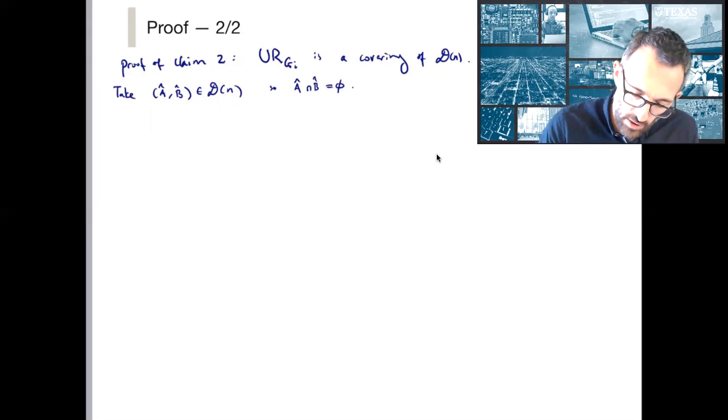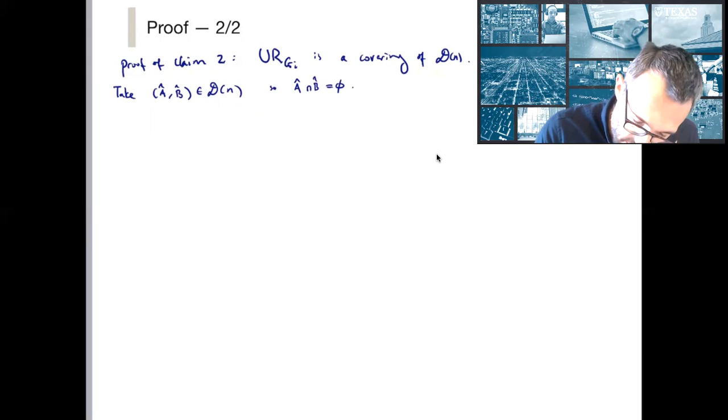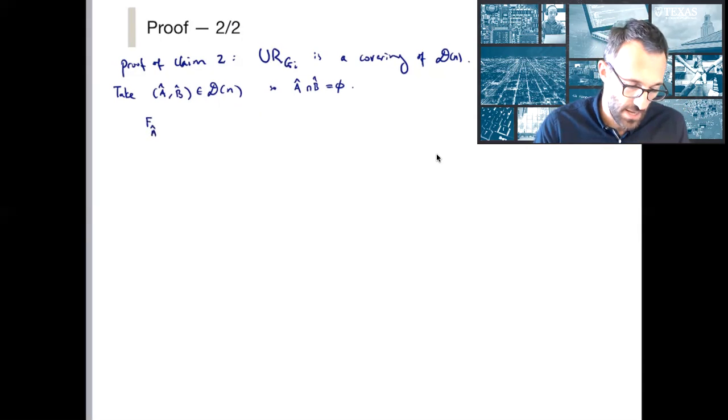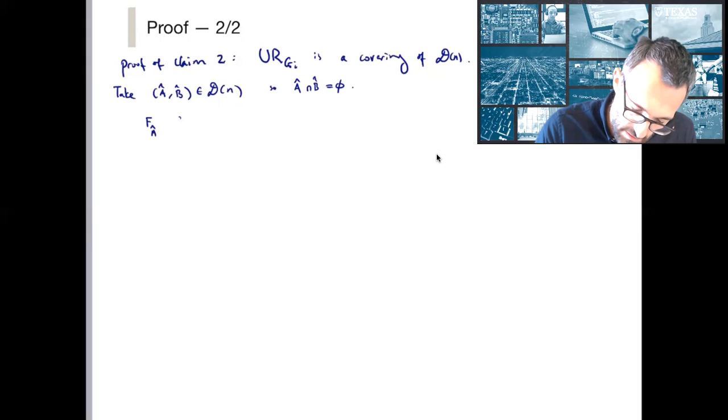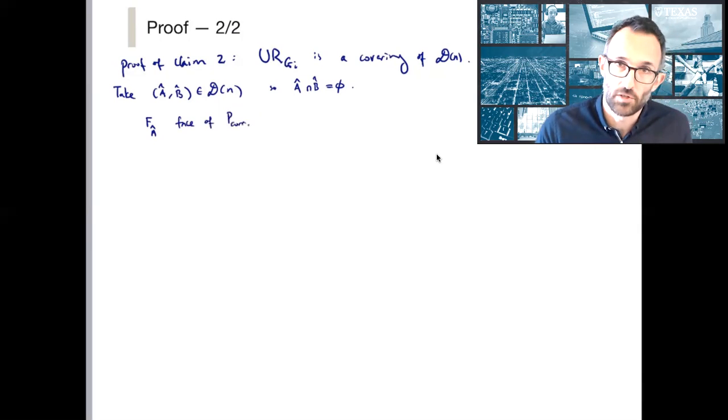And now let's look at the face that's defined by A hat. So this is a face of the correlation polytope.